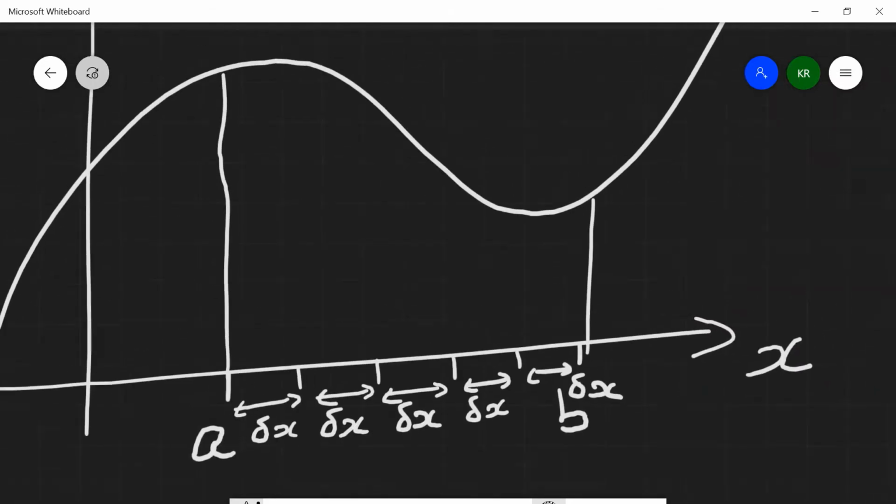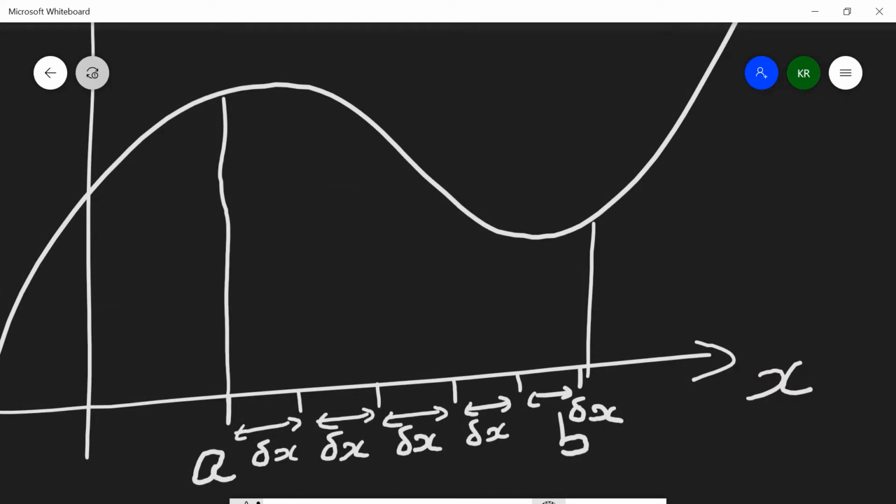So now what we're going to do is split this area into a bunch of rectangles. To do that, we're going to pull this up to the function, like that.